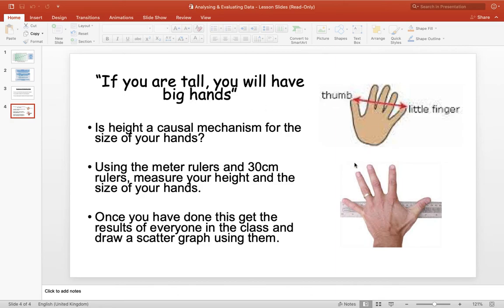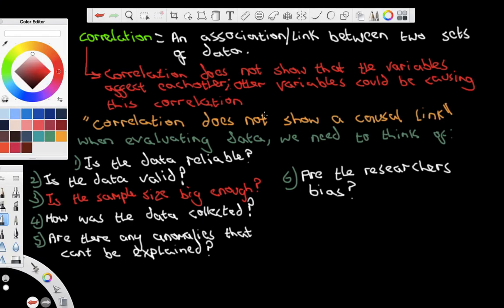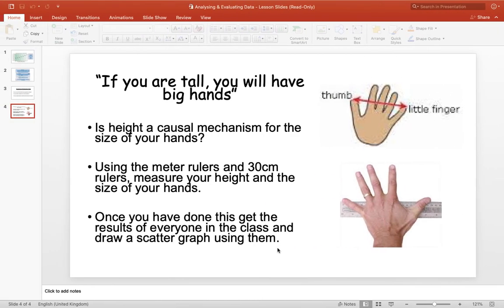We would have then plotted their graph with height along the x-axis and hand width up the side. Now, you are more than welcome to carry this out at home.